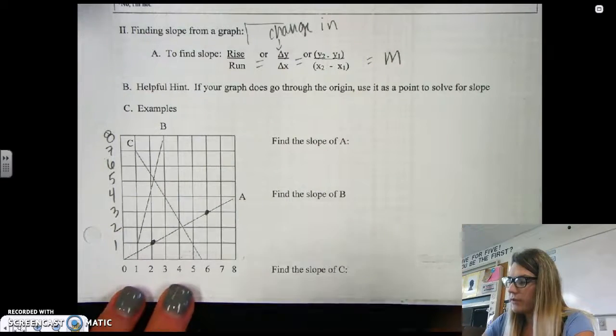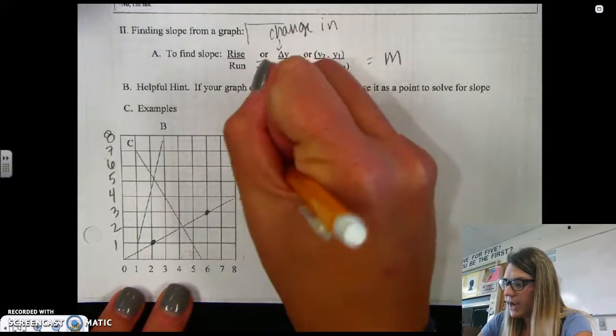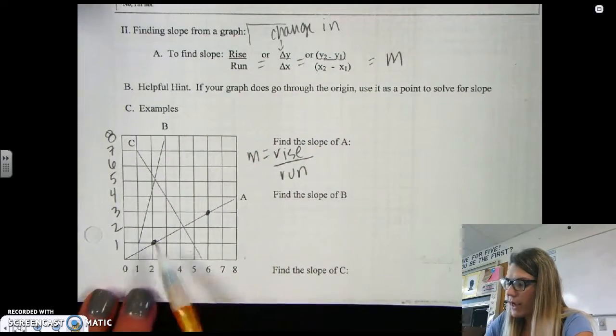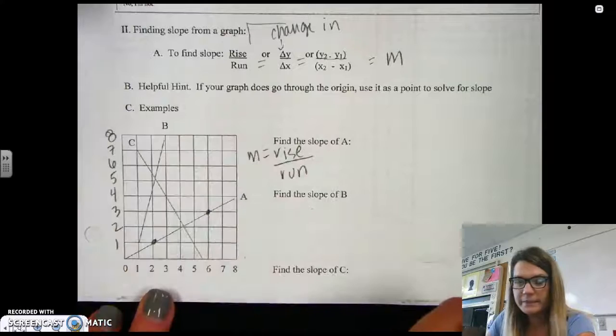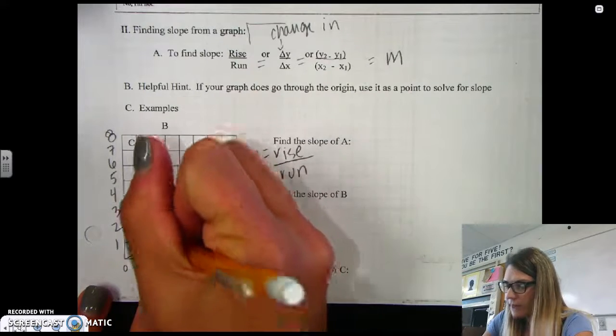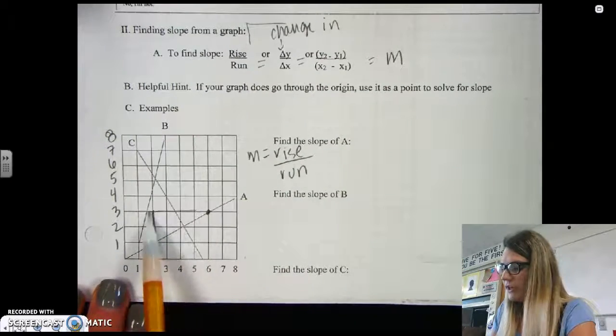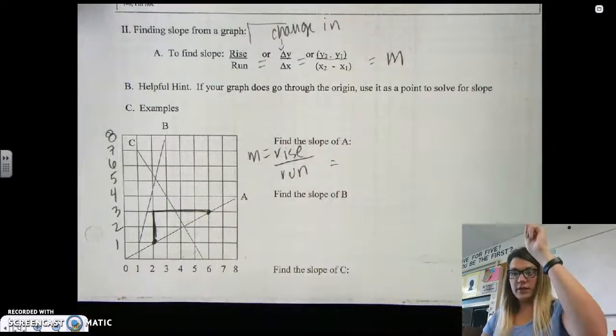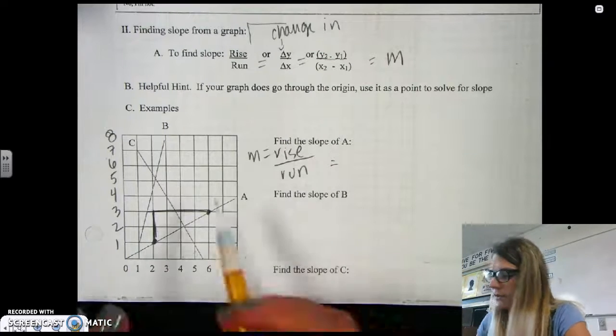Okay? So now there's a couple of ways I can do this. I can do rise over run. So I'll do that one first. Okay? So if I'm going from this spot over here, my rise is up, right? Like a high riser, rising up. So I'm going to go up.